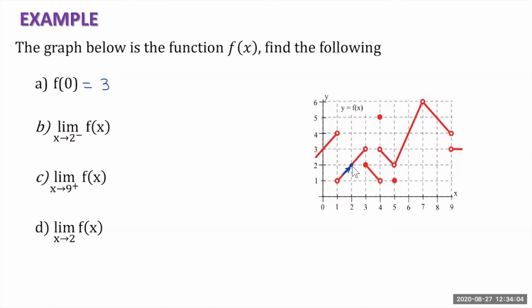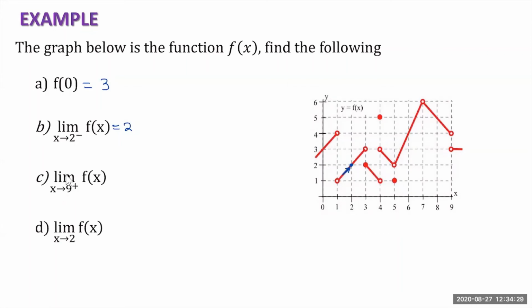When you approach closer and closer to that point from the left, you can see that the value of the function corresponds to 2. So this is equal to 2. The left-hand limit at 2 is 2, because when you approach x equal to 2 from this side, the function increases and gets closer and closer to 2.